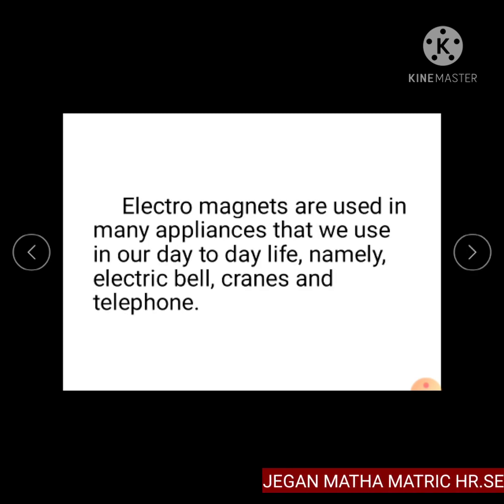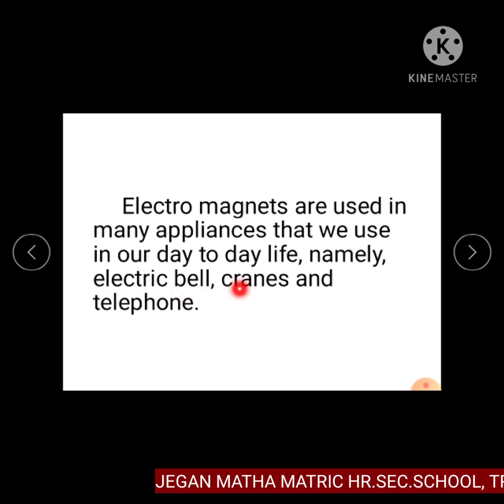Electromagnets are used in many appliances that we use in our day-to-day life, namely electric bell, cranes and telephone.